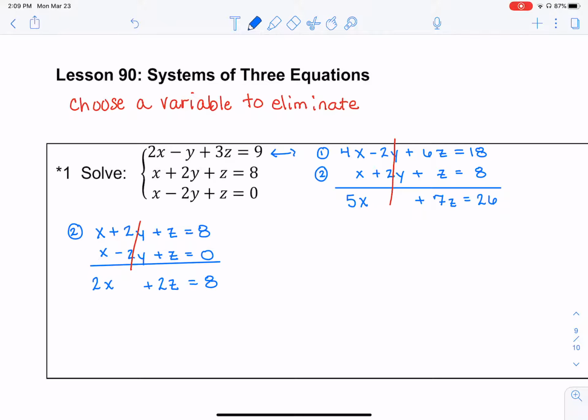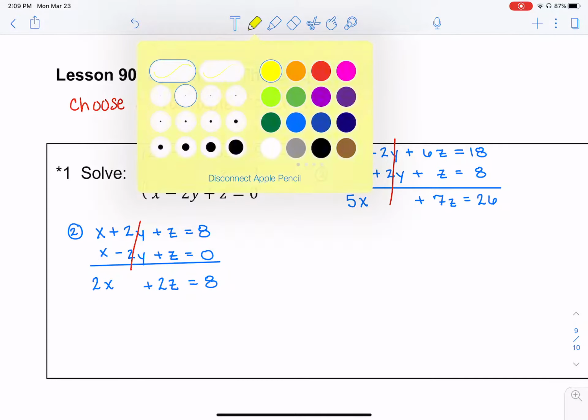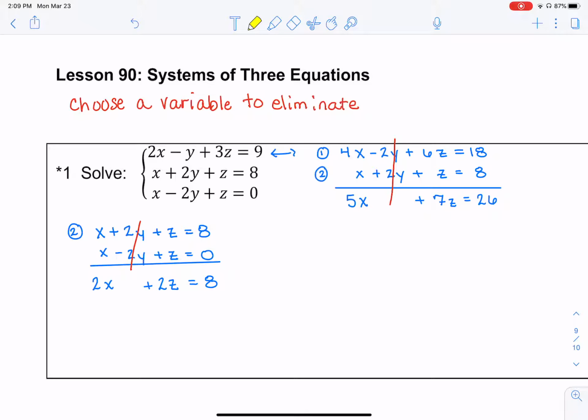Okay, now I'm going to focus in on combining these two new equations. I need to look at this equation over here and this equation over here, and see if I can find a way of using elimination to cancel out either the x or the z.